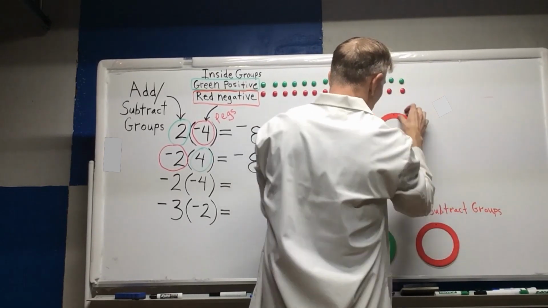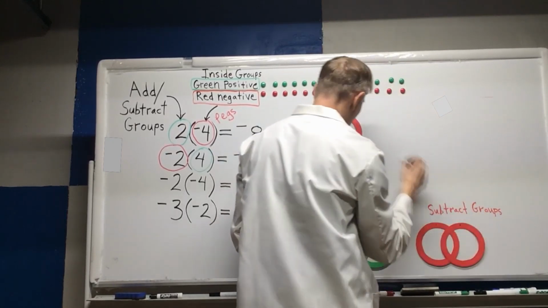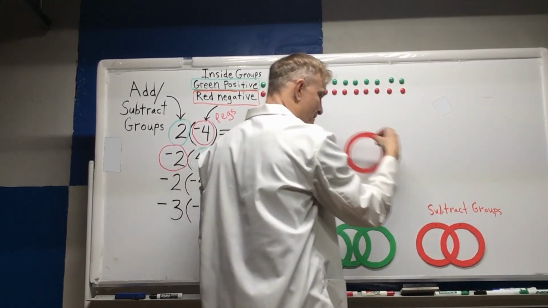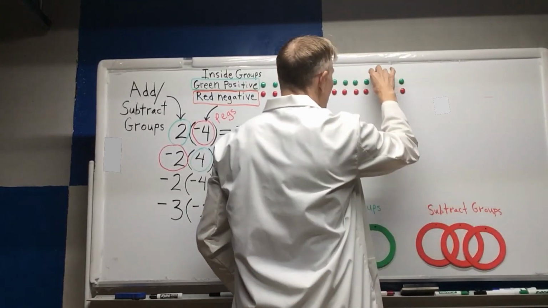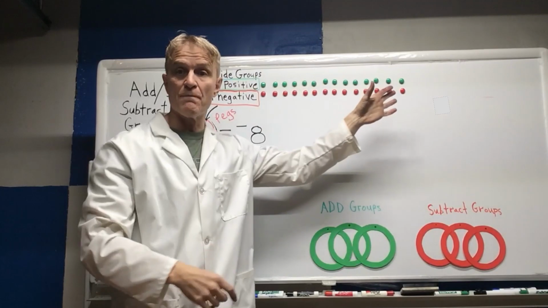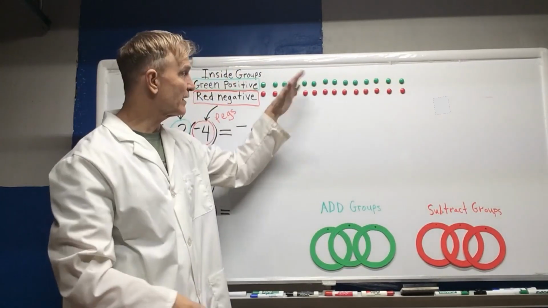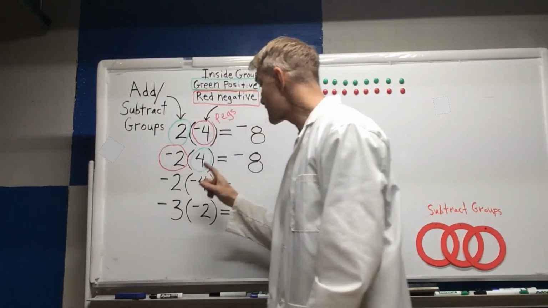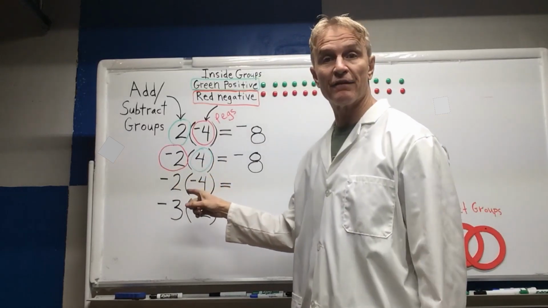Okay, so everything's neutralized. Our group rings are gone. So we are starting our problem at 0. Okay, everything's neutralized. And I have a negative times a negative.